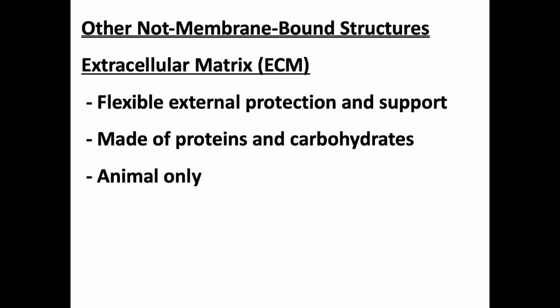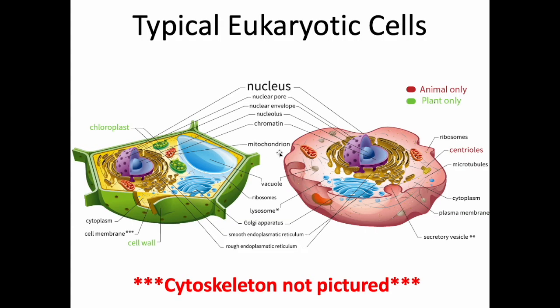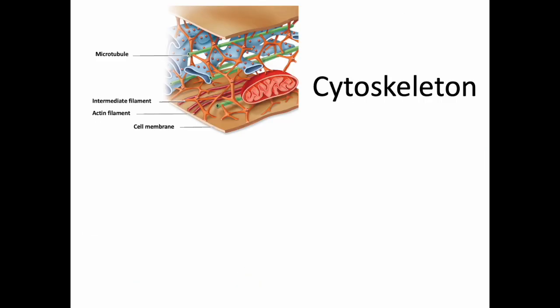So let's continue talking about other non-membrane bound structures and talk about something called the cytoskeleton. Again, I like this figure, but it doesn't show absolutely everything. The cytoskeleton is not pictured in this overview, but we can see it here. The cytoskeleton is all this stuff in between the organelles.